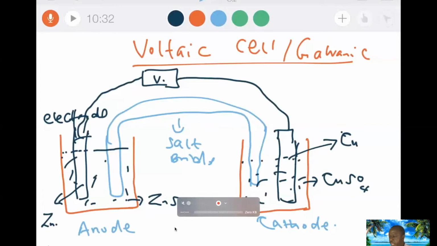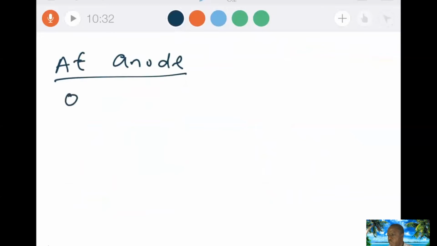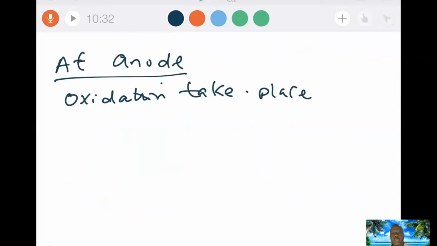What takes place in the anode? Okay, at anode, oxidation takes place. Loss of electrons.